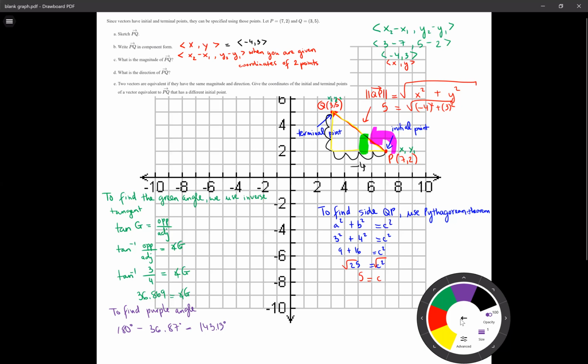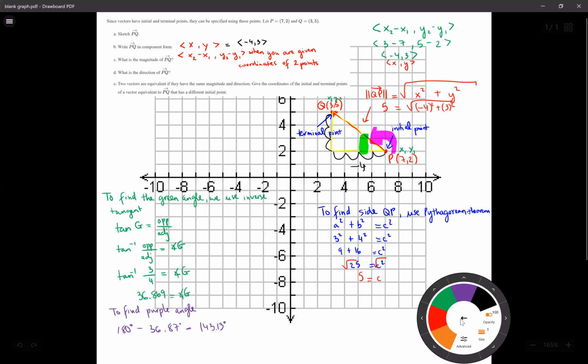All right. Last part E. Two vectors are equivalent if they have the same magnitude and direction. Give the coordinates of the initial and terminal points of a vector equivalent to vector PQ that has a different initial point. Let me give you guys an example. I'll give you an orange vector.